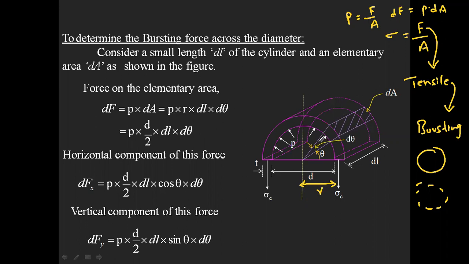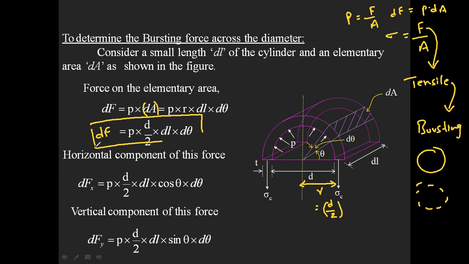Why? Because this elemental strip makes an angle of d theta. So P into dA can be written as P into r into dl into d theta. What is the radius? Radius is equal to diameter by 2. So dF is P into d by 2 into dl into d theta.